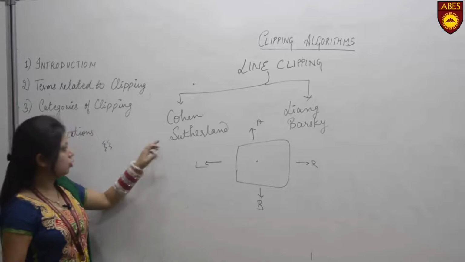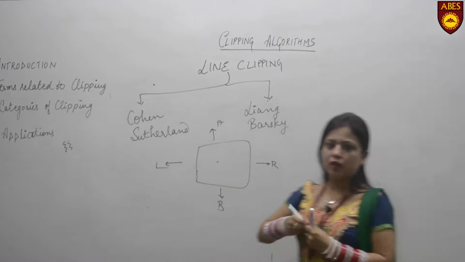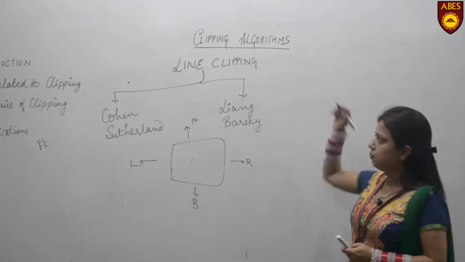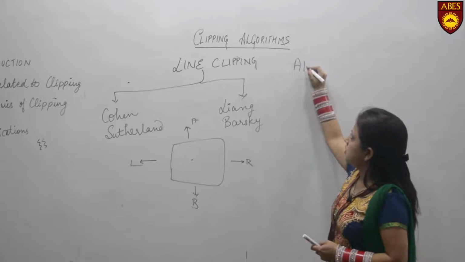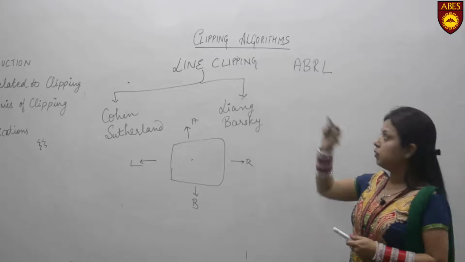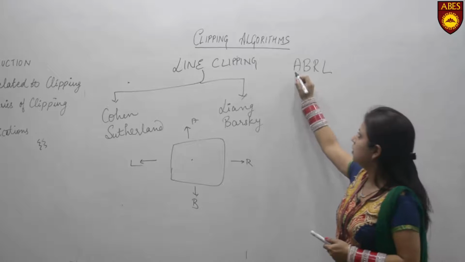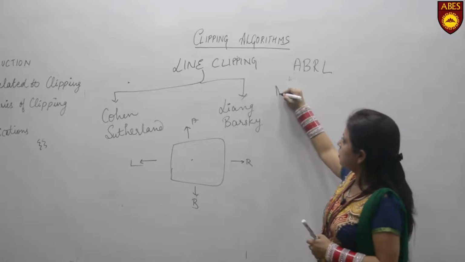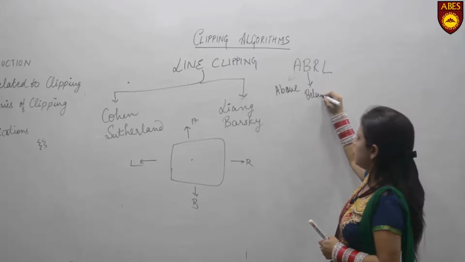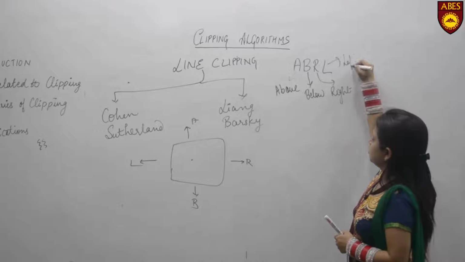So Cohen-Sutherland used the same concept: to define a line clipping algorithm, we'll define each and every point P1, P2, P3, P4 by a code which says A, B, R and L. Only those points would be retained which are neither above nor below, neither to the right nor to the left. Now the problem is how we'll categorize whether a point lies above, below, right or left of the window.